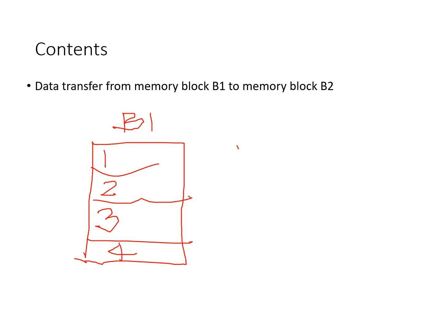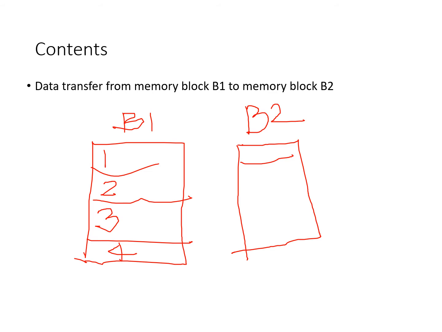Another memory block is empty, that is B2, again having 4 locations. What we have to do is transfer this data to this location, simply using 8085.